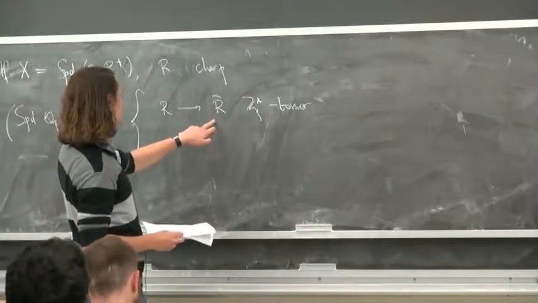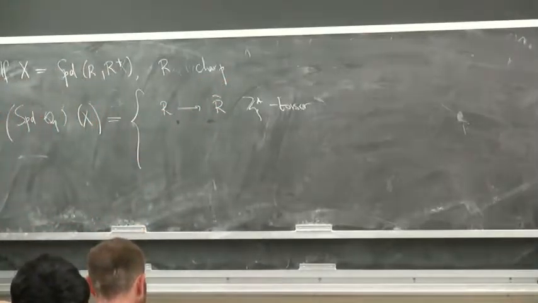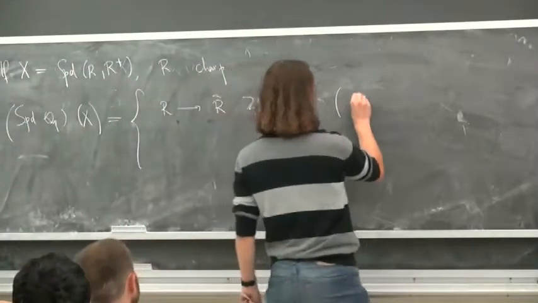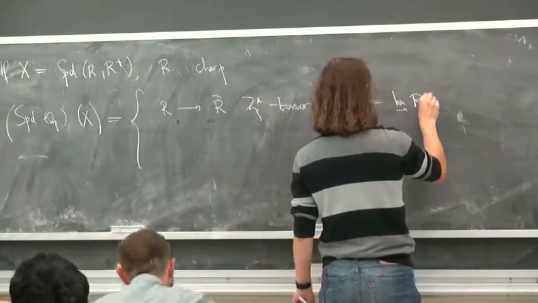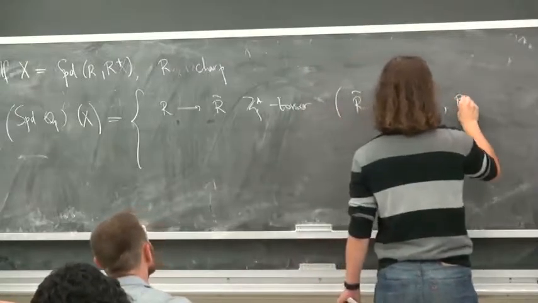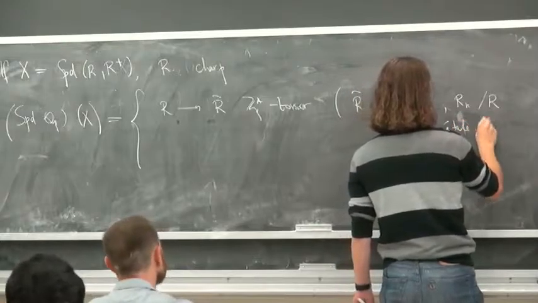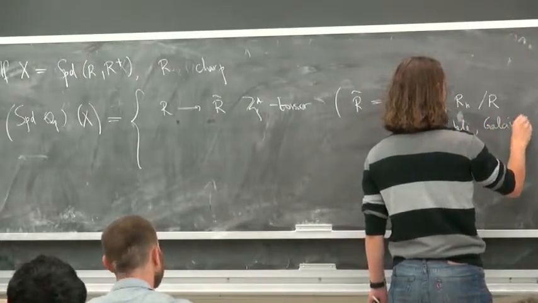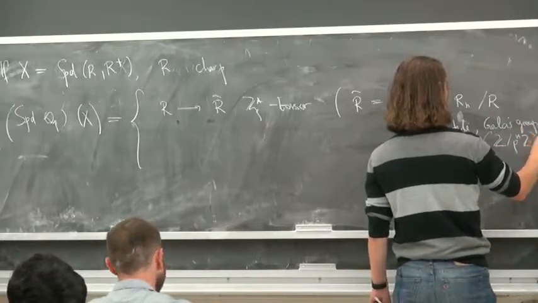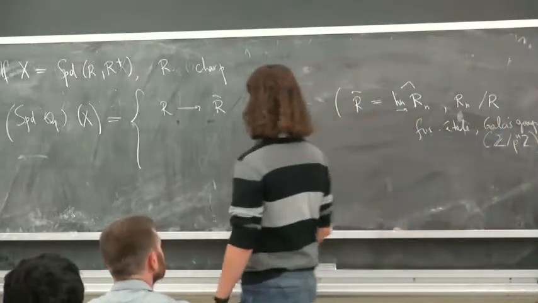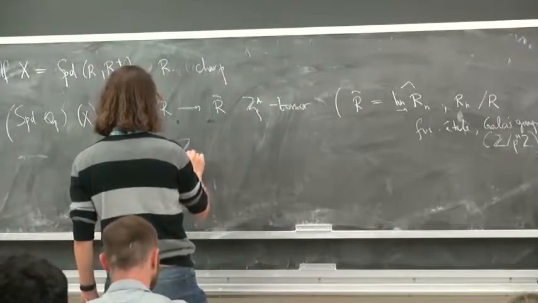Equivalently, it's a completed direct limit of Z mod p^n cross torsors, where these are infinite étale extensions with this gamma group, R_n over R infinite étale with gamma group, plus a Z_p cross equivariant map.